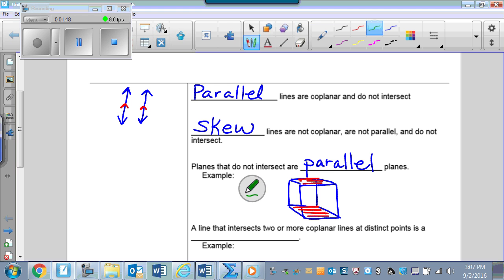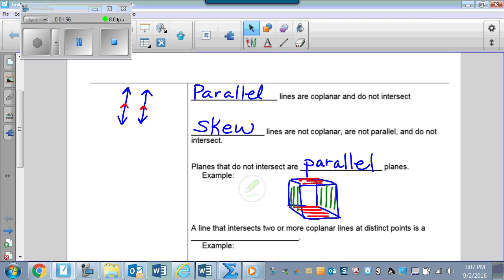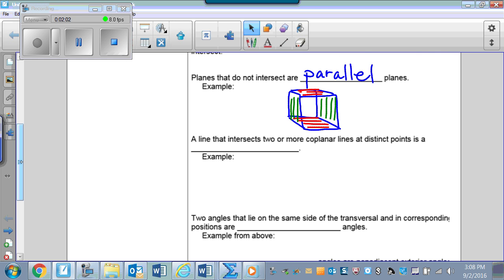This plane here would be parallel to this plane here, and then the front and the back of the box, excuse me, those planes would be parallel as well.